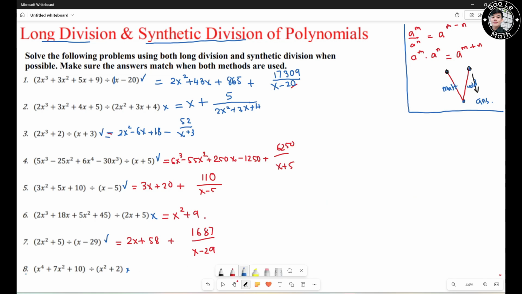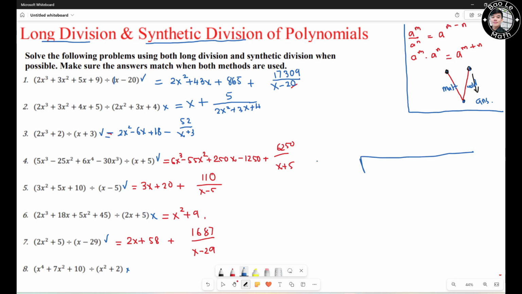Alright, let's move on to the last question, question 8. Because the divisor is the quadratic factor, so we only do long division. We cannot use synthetic division in this situation. Alright, so we rearrange this one from the highest to lowest power.